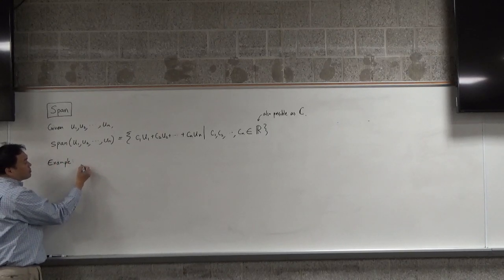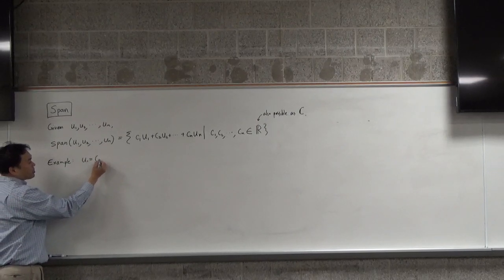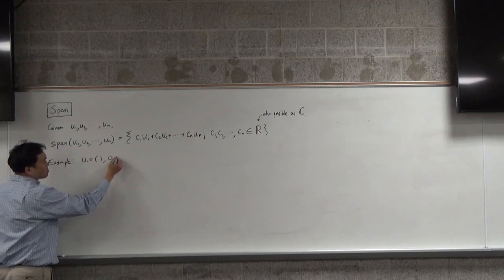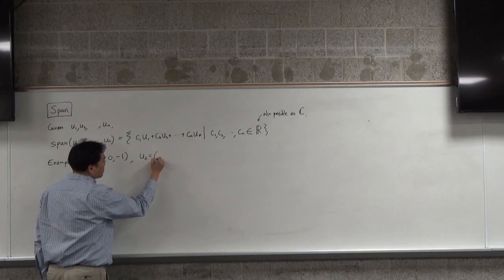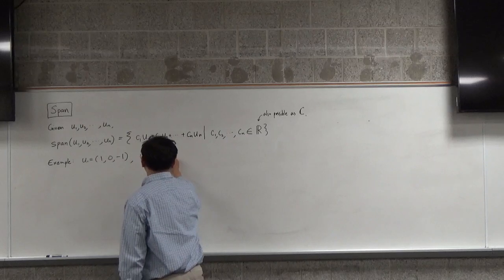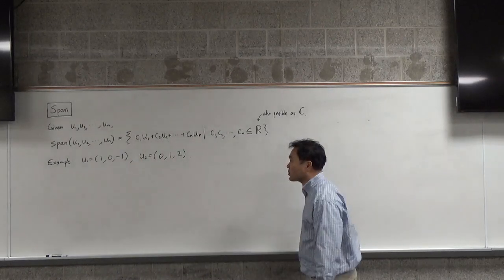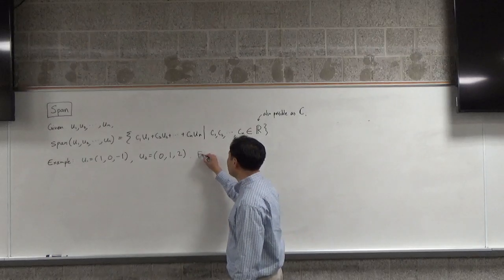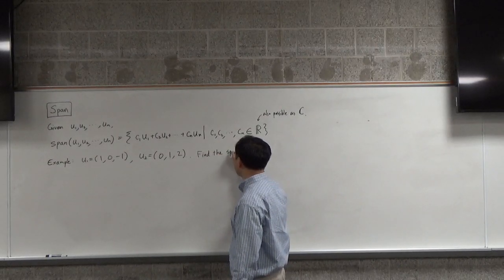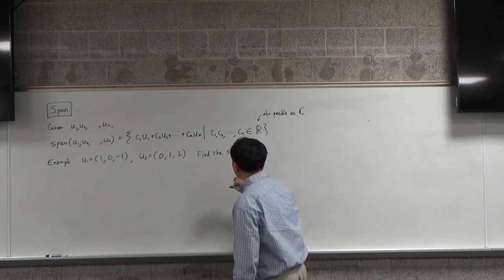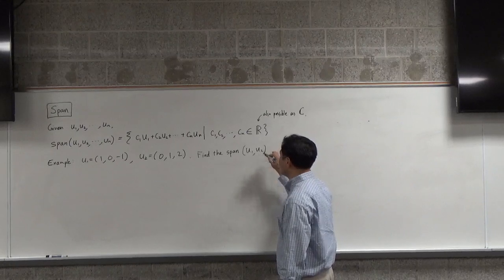Let's say you have u1 as the vector (1, 0, -1), and u2 as the vector (0, 1, 2). Find the span of u1, u2.